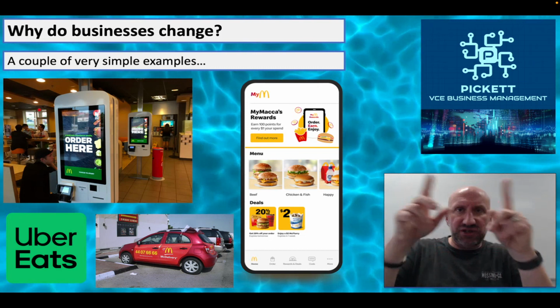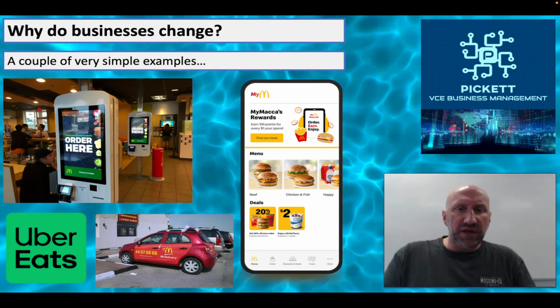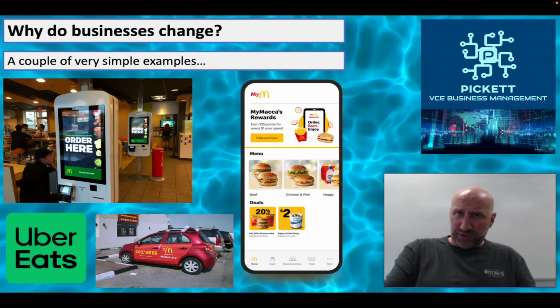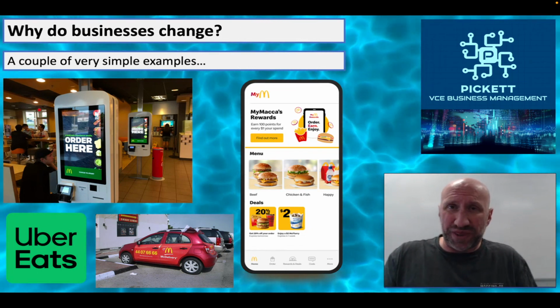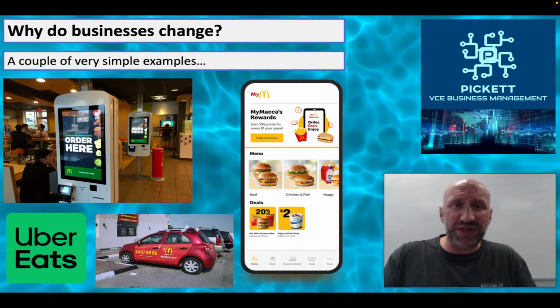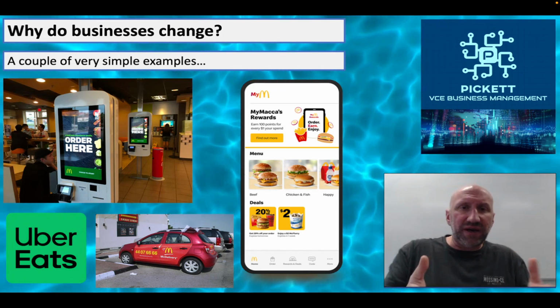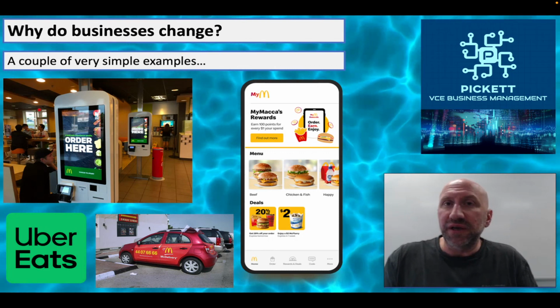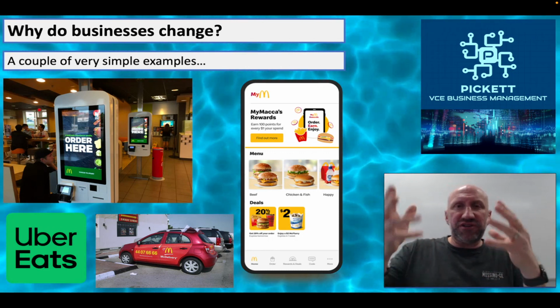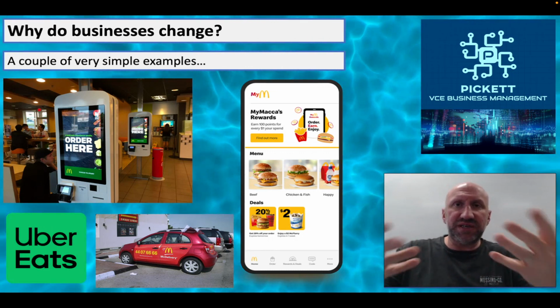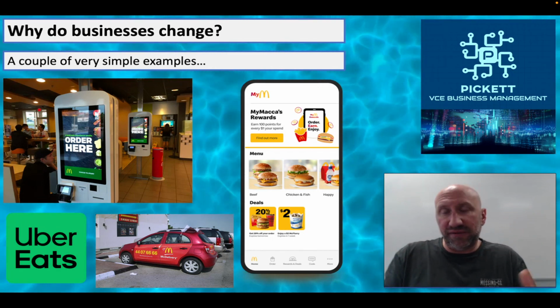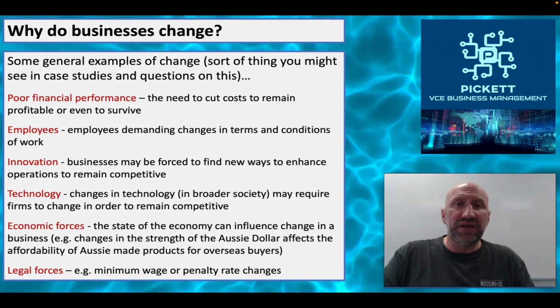You've got the ordering screens in the restaurants, hooking in with Uber Eats, and even doing delivery themselves. So again, these are all evolutions within the McDonald's business. These were not here 15 years ago, probably not even 10 years ago. But they're here now. They're responding to customers' needs and the changes going on in society to maintain a very successful business.